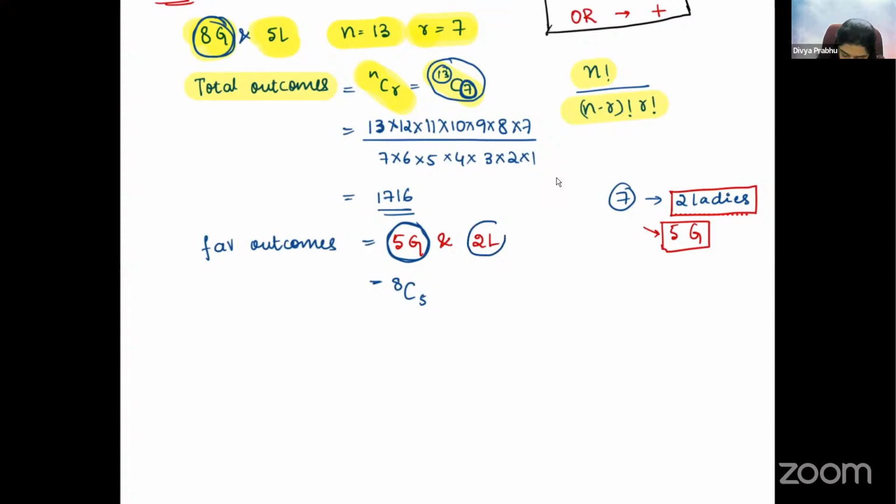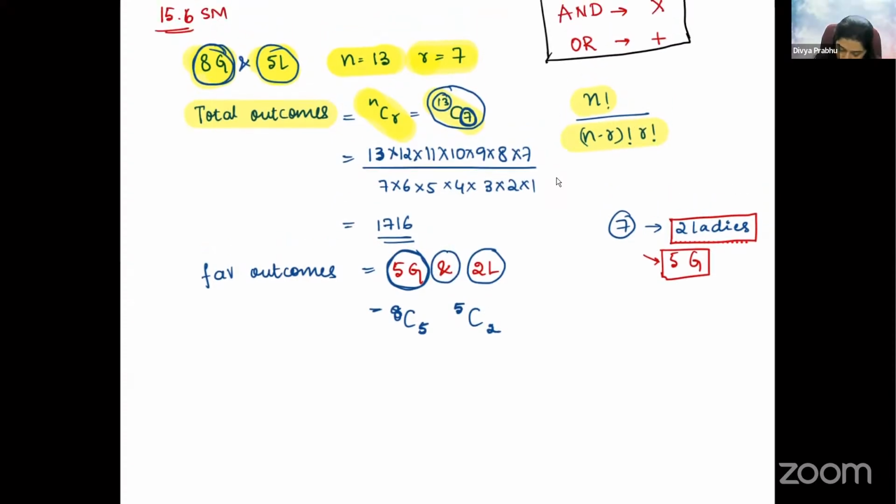Now, you want 2 ladies out of 5 ladies. So it is 5C2. R is selections. So 5 you are selecting out of 8. 2 you are selecting out of 5. Correct? So 5C2.